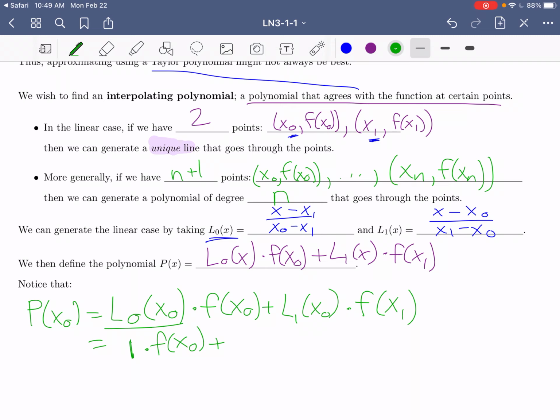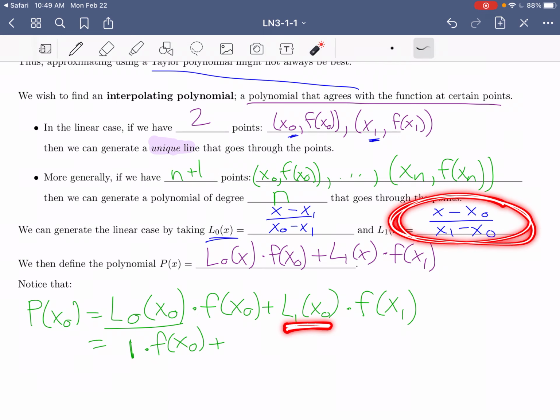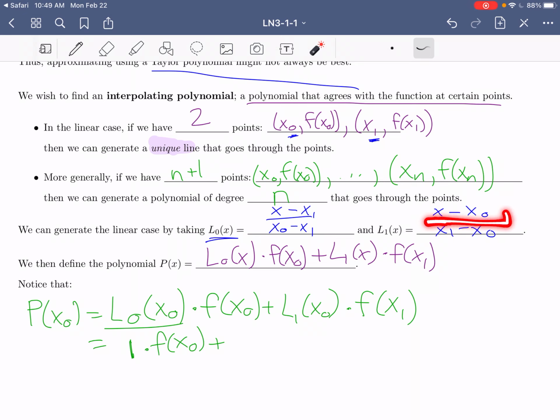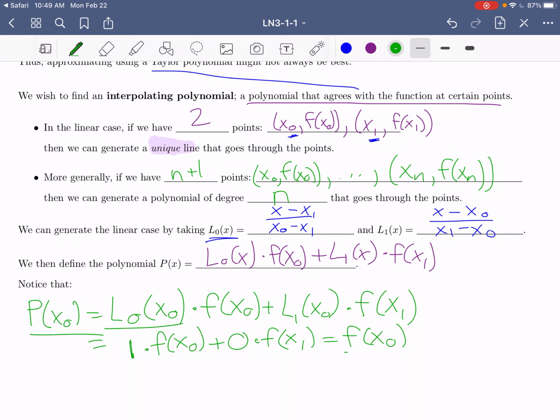And then for our second piece, when we plug x0 into L1, this is how L1 was defined. If you plug in x0 here, you have x0 minus x0, so you're going to get 0 for that term. And so, when we plug in x0 to the polynomial, the output is the function value at x0. So it at least agrees at the point x0 comma f of x0.